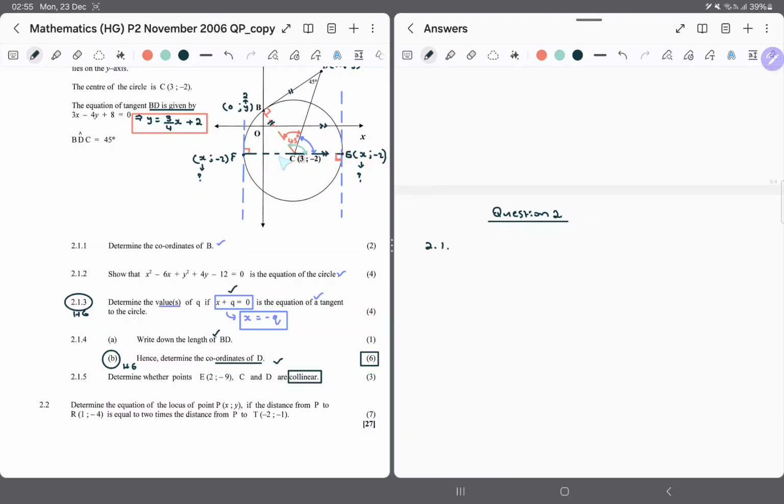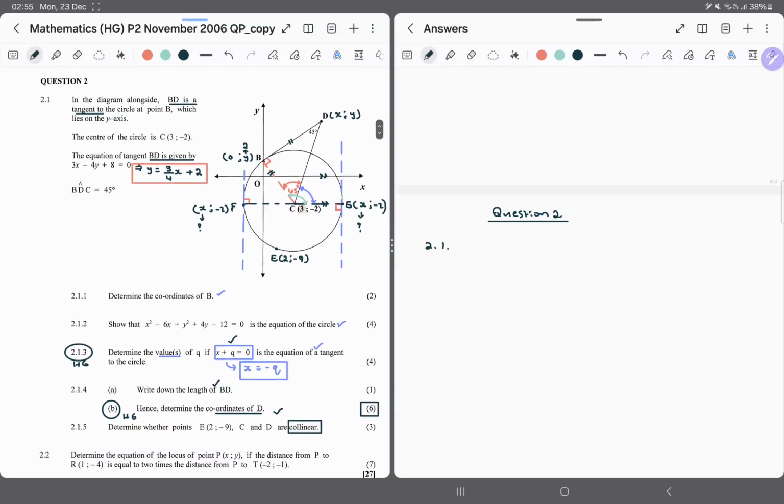So this is a point perhaps somewhere here, because it's before this point, after that point. So this should be point E with 2 and minus 9. Okay, not a problem. So we need to prove now whether this point E, C, and D are collinear.